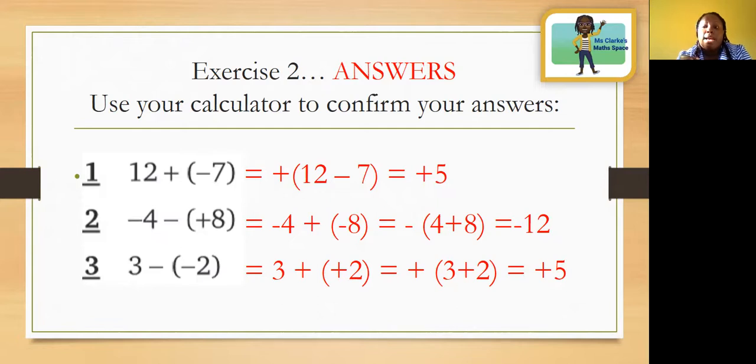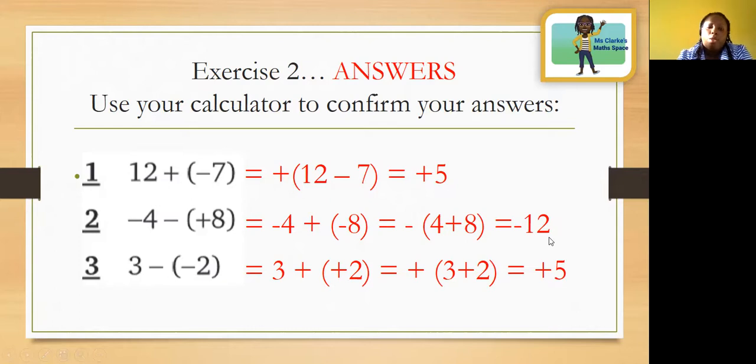And now that we're adding, we're now going to apply the rules of addition. We have 2 numbers. We have negative 4 and negative 8, and they have the same sign. When we have the same sign, what do we do? We add the 2 numbers, and then we keep the sign. So 4 plus 8 is 12. And what is the sign of negative 4 and negative 8? Minus. So you're going to put the minus sign in front of it. So that's how we end up getting negative 12 as the result.